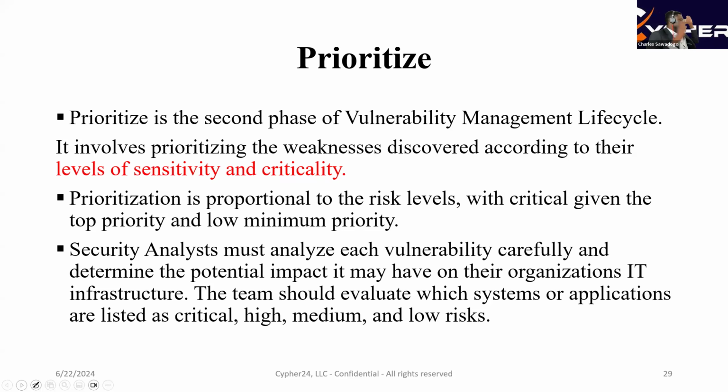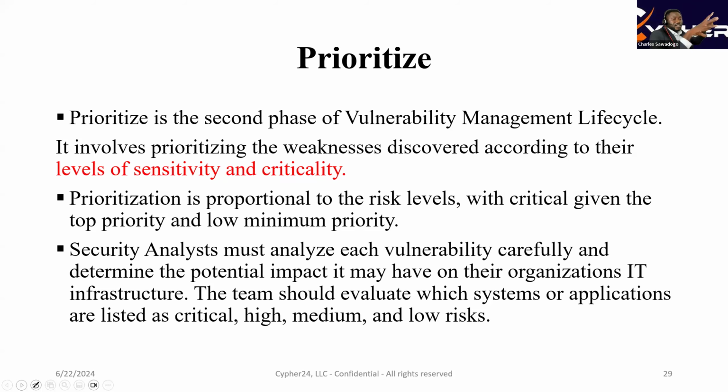I have run the scan. The scan came back with 5,000 vulnerabilities. Can I get all 5,000 remediated immediately? Absolutely not. So what am I going to do? I'm going to prioritize those. Which ones should we focus on first? Should we focus on the critical ones, and then high, then medium, and then low?